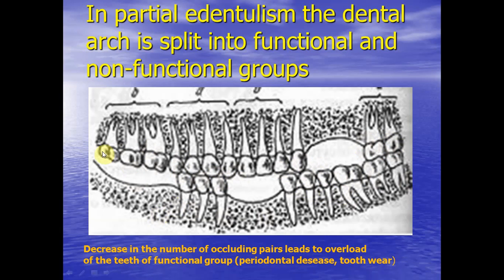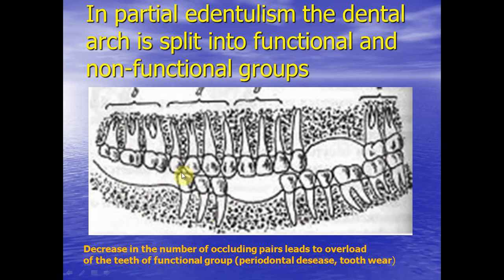So even if there is quite a number of teeth present in the dental arch, there are some gaps in the dental arch, and lots of teeth are taken out of function. Thus, this decrease in the number of occluding pairs leads to overload of the teeth of the functional group.